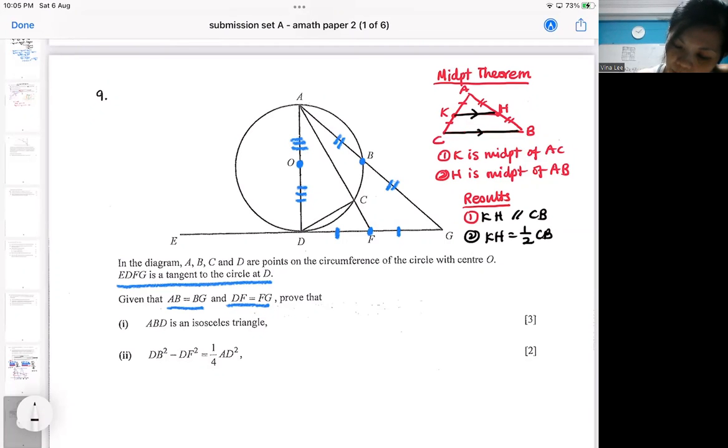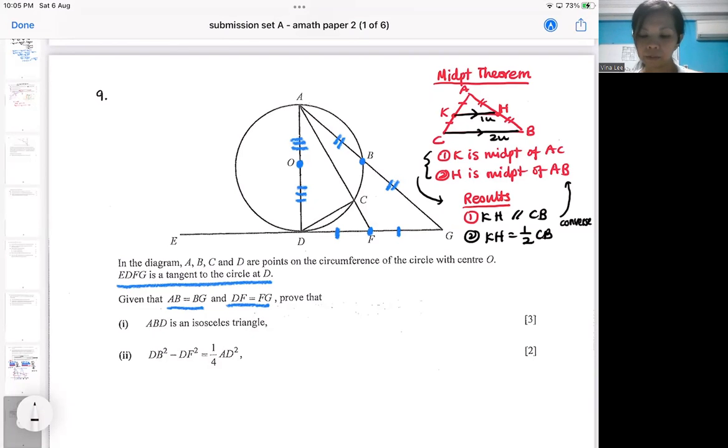So in a way, this one is like 1 unit and this one is 2 units. That is the midpoint theorem. The conditions give you these results. In another way, if you have these results, you can imply the conditions. That is called the converse of the midpoint theorem.